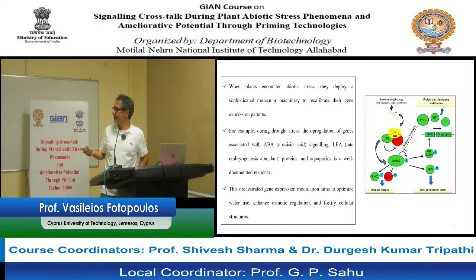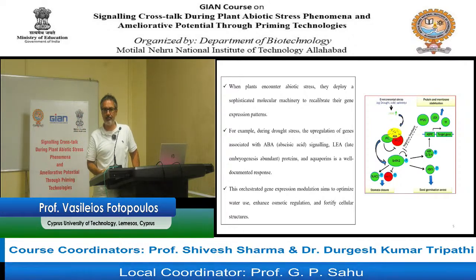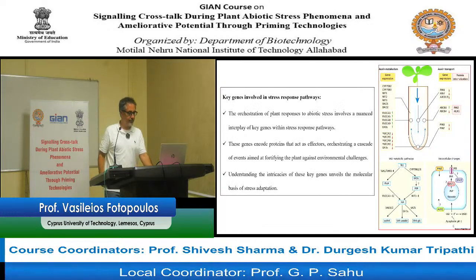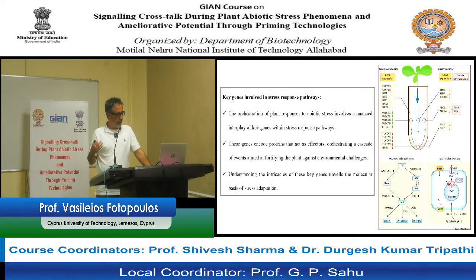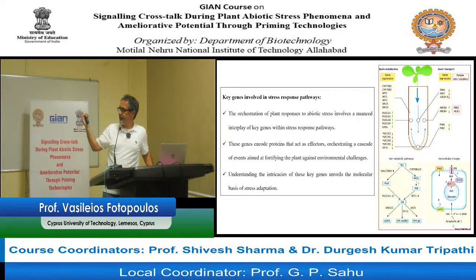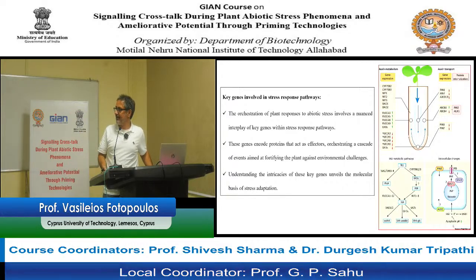At the same time, though, of course, you also have other elements that are correlating, such as components of protein and membrane stabilization. So very complex networks. So, as I said before, the genes that are regulated in response to these stresses encode proteins that act as effectors that orchestrate a cascade of events that ultimately aims to fortify the plant against environmental challenges.